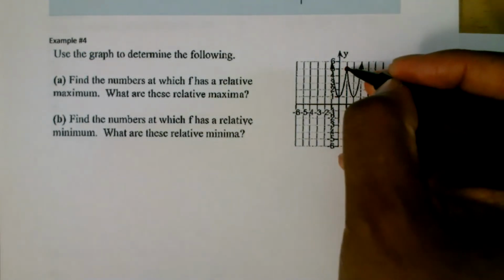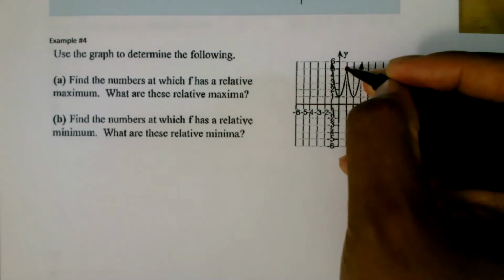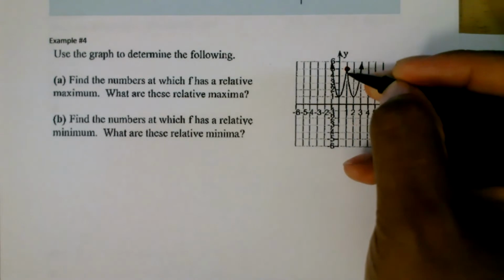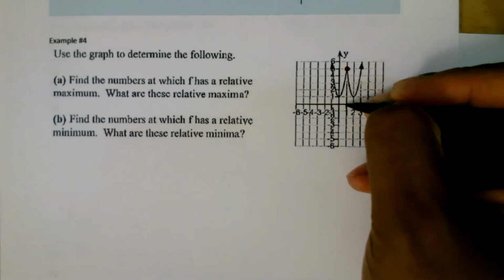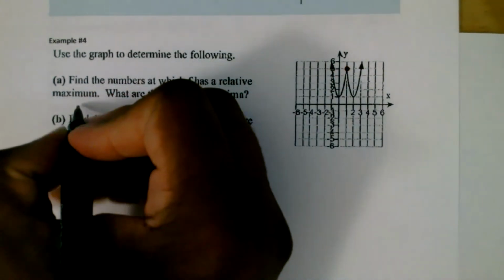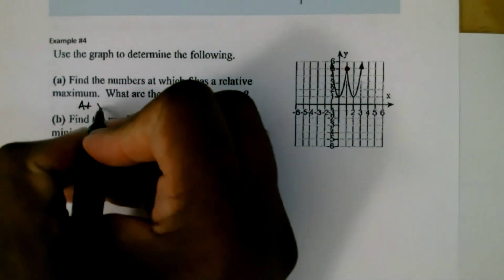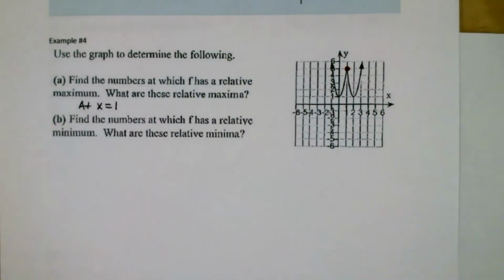So that's the relative maximum. Now, we want the x value where this relative maximum occurs. And that x value for this case would be x equal to 1. So at x equals 1, that's where the relative maximum occurs.